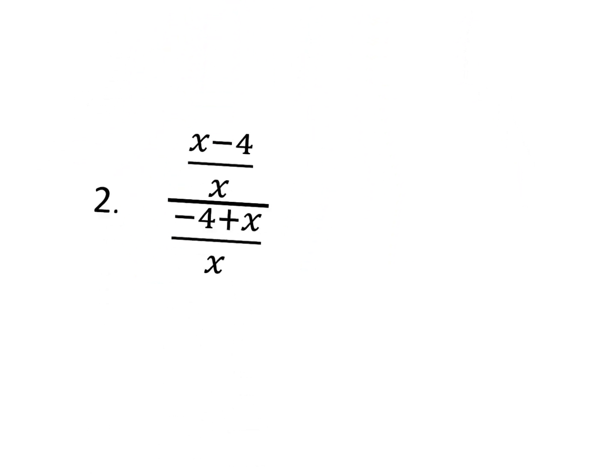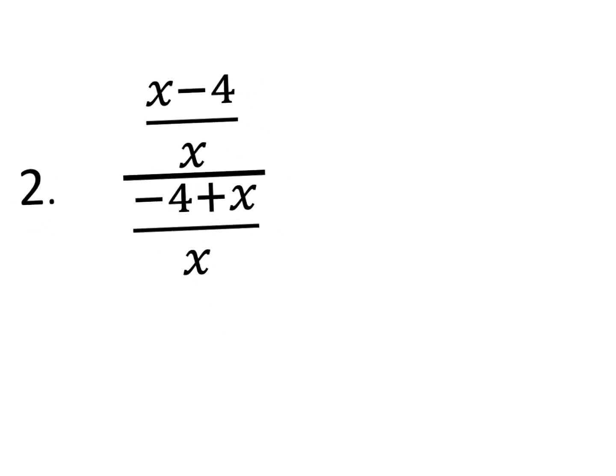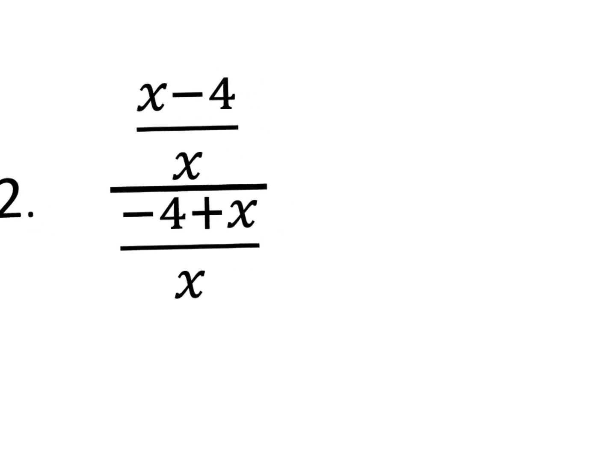Let's take a look at number 2. Number 2 doesn't even involve any factoring either. Number 2 is just rewriting it. Do you guys want to give it a shot, or do you guys want me to do it? Me do it? Boo. All right, well, the top one, there's nothing to factor, so you just rewrite it. Now instead of this division bar, I'm just going to write the division sign.